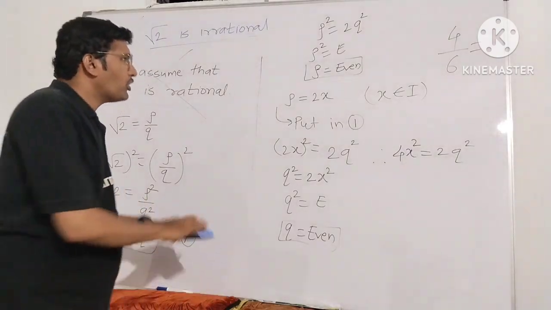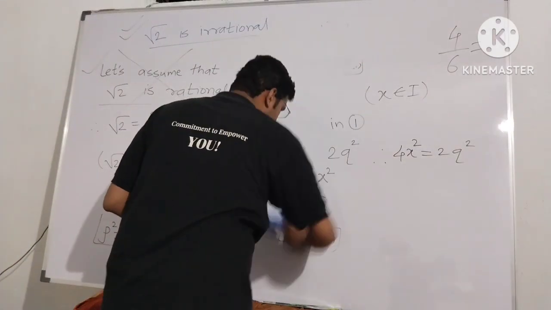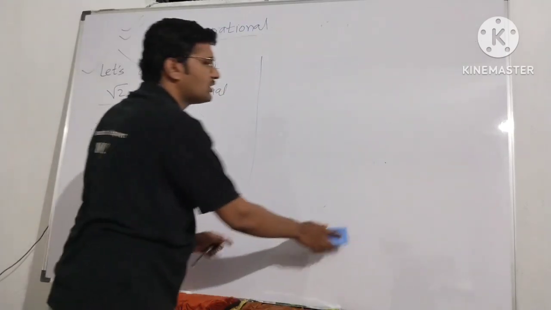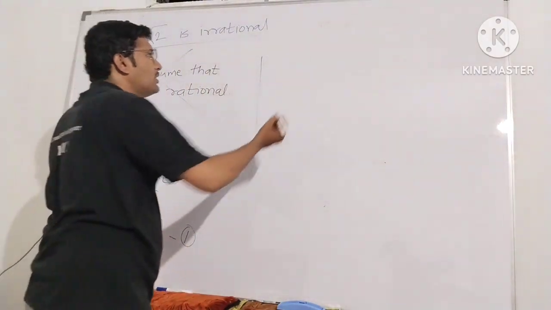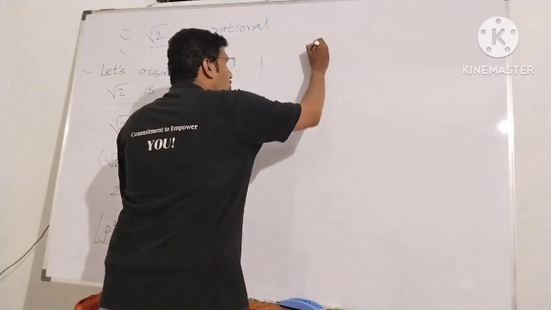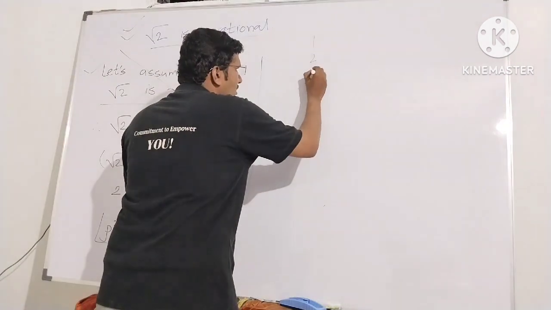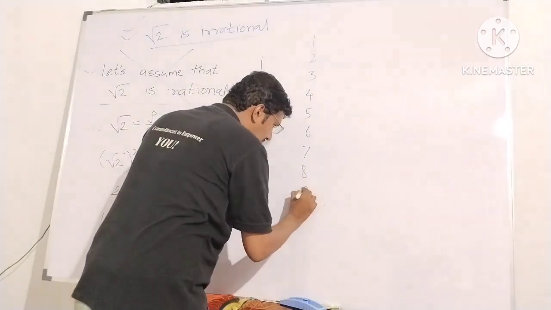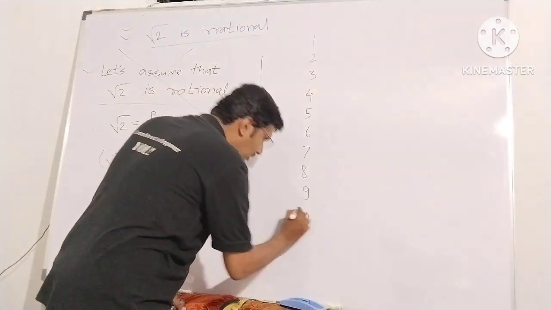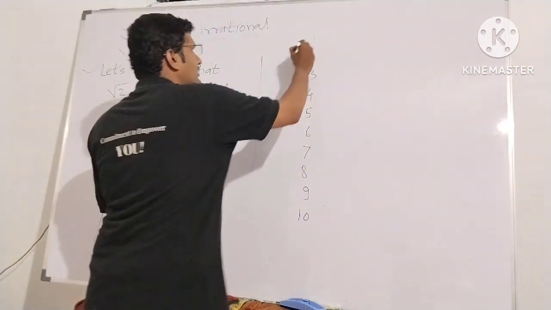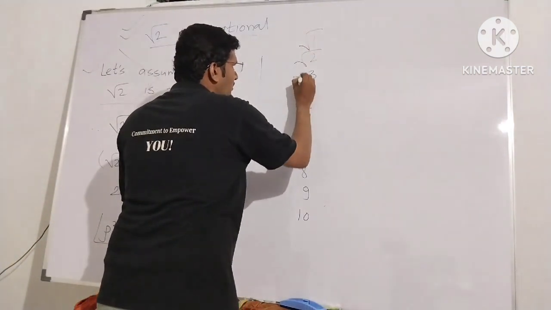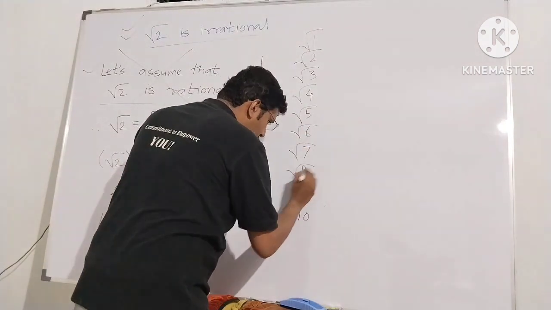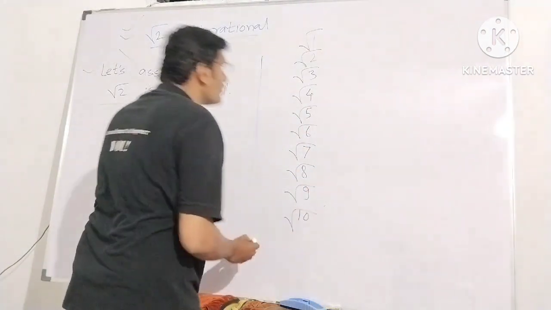And one more thing, we can do this with many numbers except the perfect square numbers. We'll write numbers from 1 to 10: 1, 2, 3, 4, 5, 6, 7, 8, 9 and 10. Let's take the roots of these numbers.